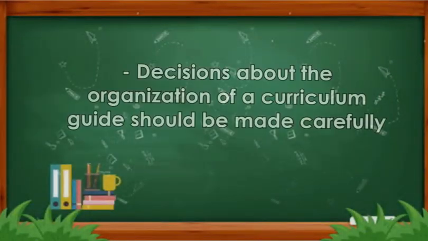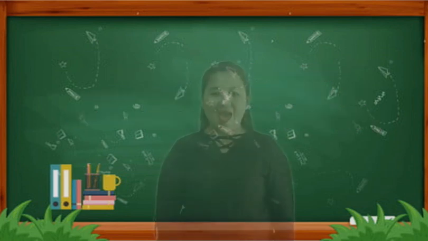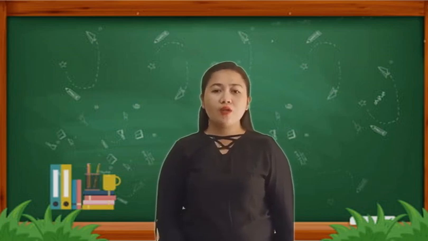Decisions about the organization of a curriculum guide should be made carefully and reflect the overarching philosophy of the program and the preferences of the teachers who are to use the guide.